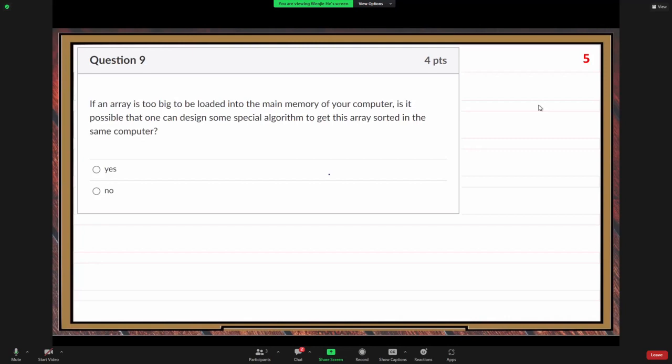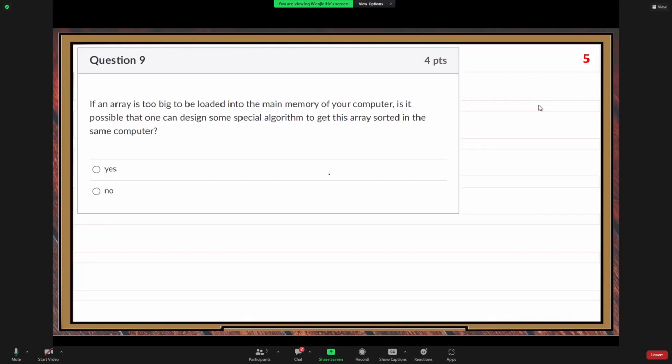Can we split it into smaller subarrays? Each time we only load a smaller subarray, get it sorted, then write it to the hard drive, load another subarray into the main memory, sort it, output it to the hard drive, and so on. Get all subarrays sorted and written on the hard disk.